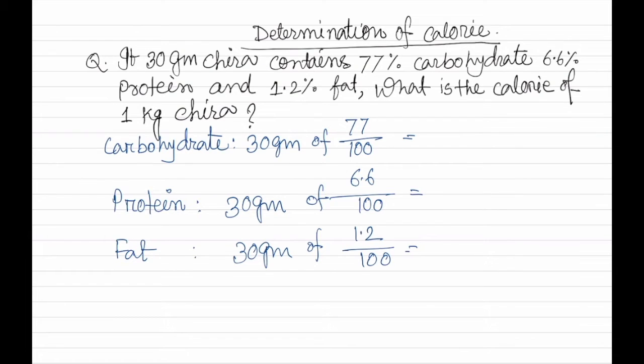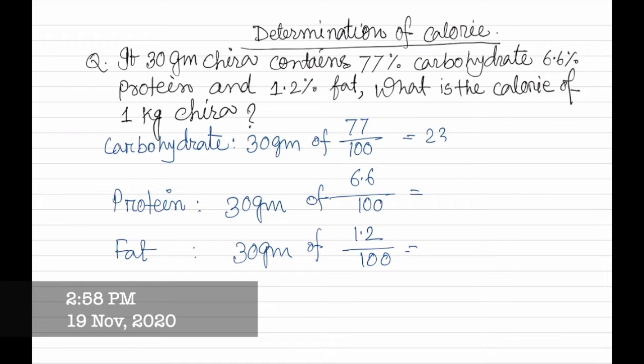Now 77 divide 100 into 30, the answer will be 23.1 gram. Out of 30 gram chira, carbohydrate contains 23.1 gram.